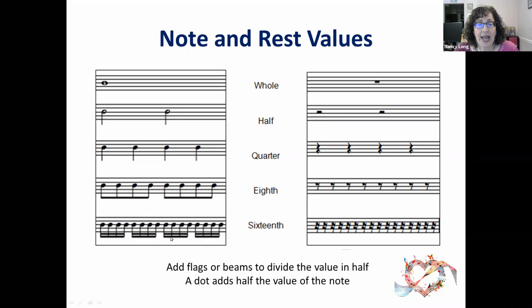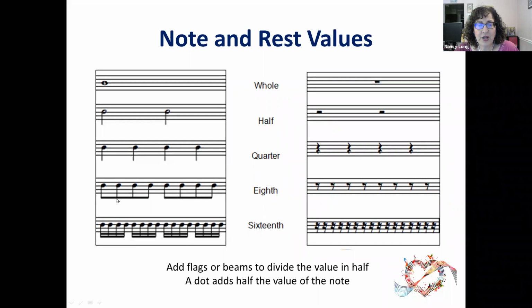And then we start adding more flags or stems, and we continue taking a half of the value of the previous note. So in this case, we have eighth notes with 1 stem or flag. We have 16th notes with 2 stems.